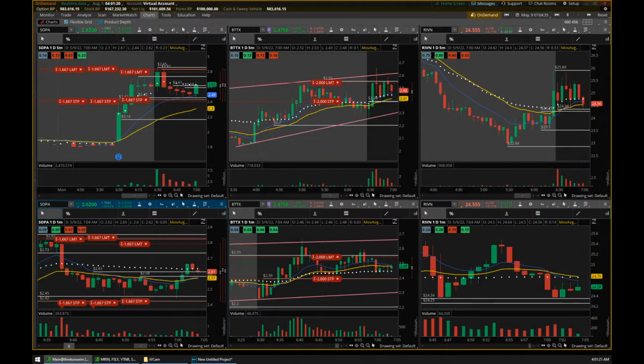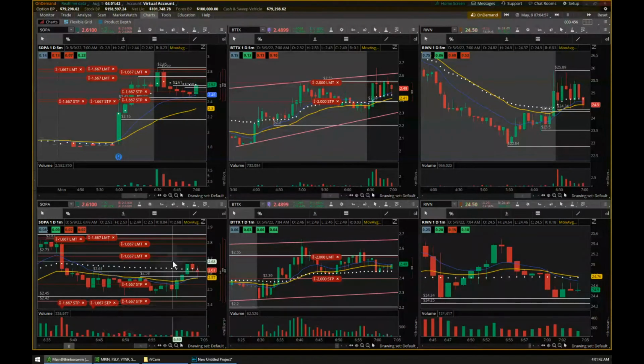And the EMA is there too at 258. I would be willing to add if it drops down to there quickly. I think that would be a good add. Okay, right there. So I just added. Let's see if we get the move up.